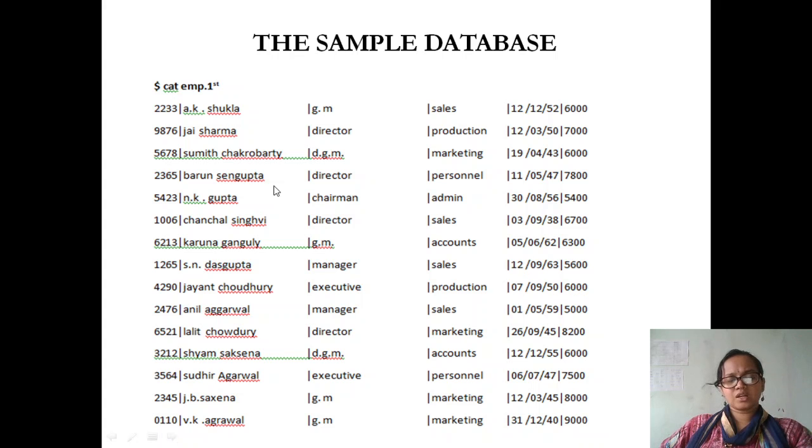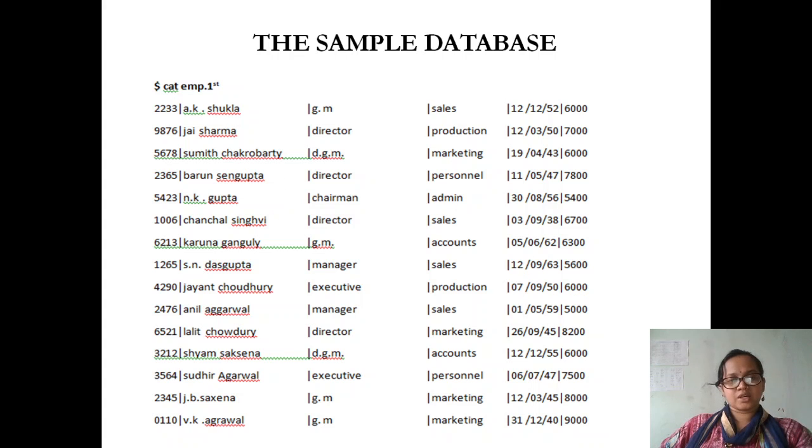There are 15 lines in the file, which has 6 fields. See here, 1, 2, 3, 4, 5, 6. The 6 fields are separated by one delimiter, the pipe symbol. The database of the employees is stored online; you can get this file emp.first.